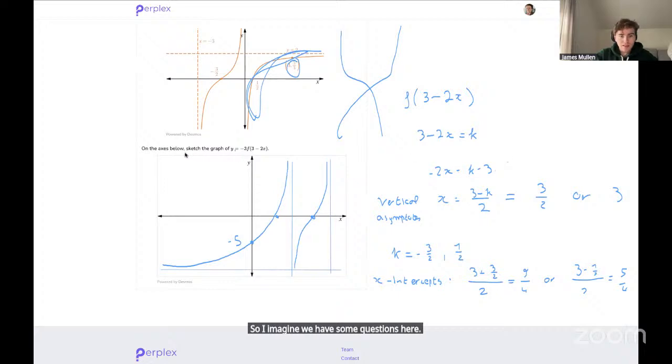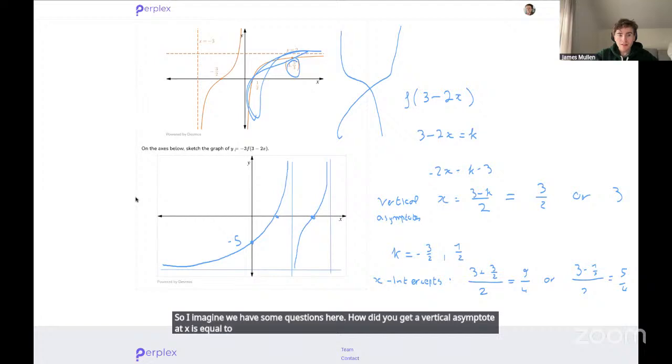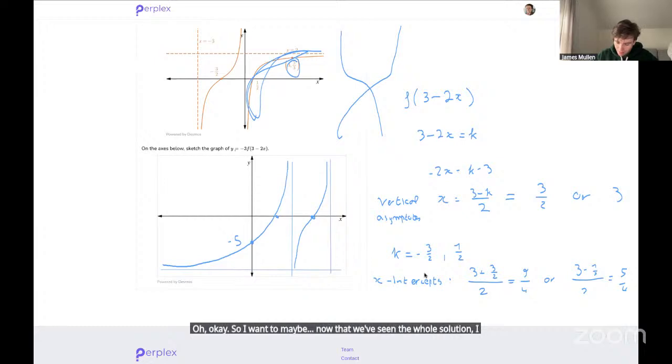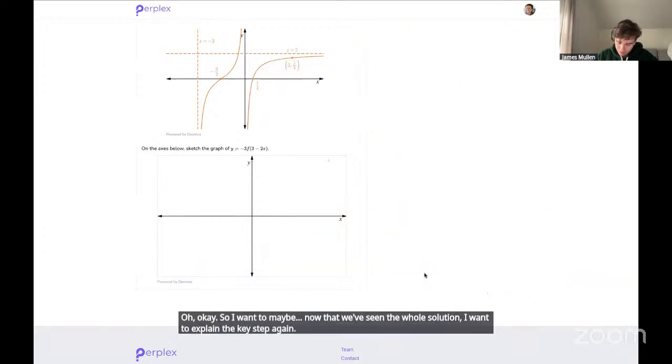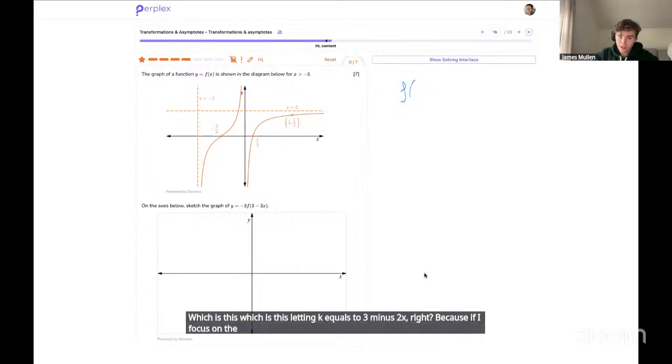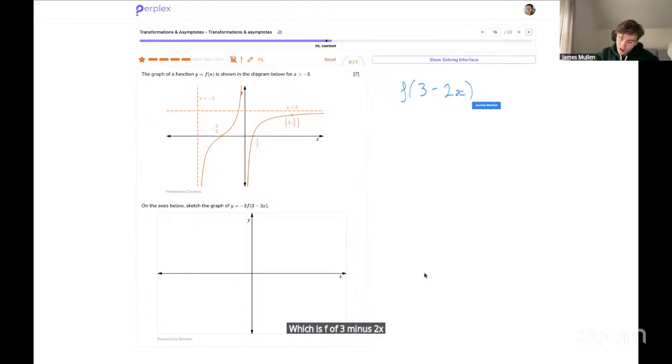How did you get a vertical asymptote at x is equal to 3? Okay. So maybe now that we've seen the whole solution, I want to explain the key step again, which is letting k equal 3 minus 2x, right? Because if I focus on the horizontal portion of the translation, which is f of 3 minus 2x, I know what the graph of f of k looks like.